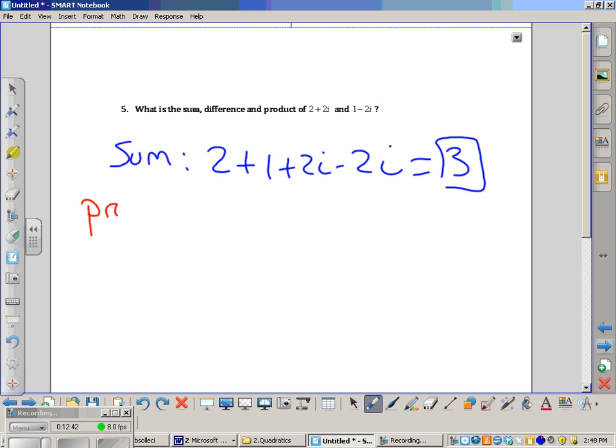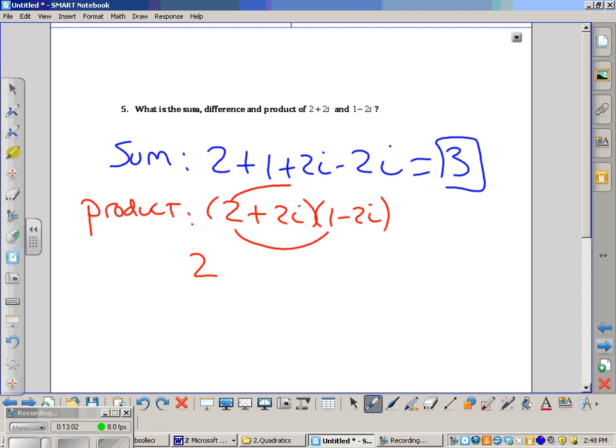Product. We've already done this a few times today. Basically, we're just going to be expanding. So for product, let's just do some foiling real quick and then some simplifying. So 2 times 1 is 2. 2 times -2i is minus 4i, plus 2i, minus 4i squared.